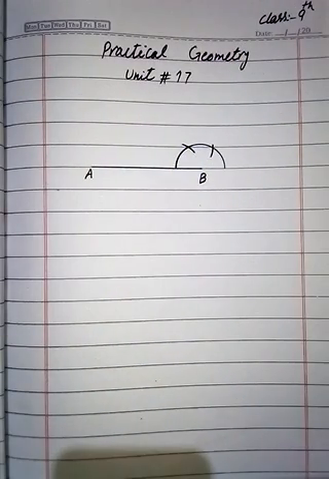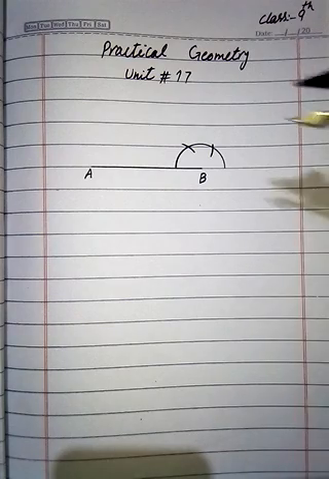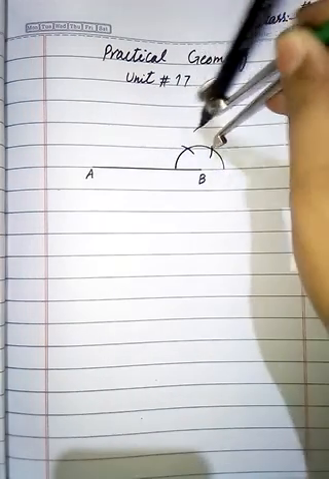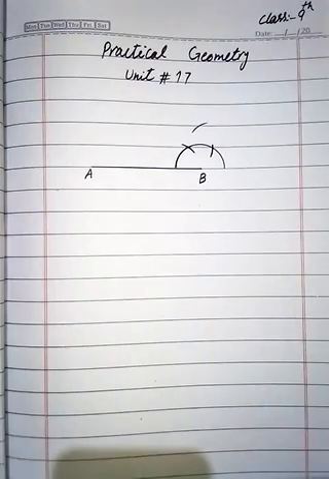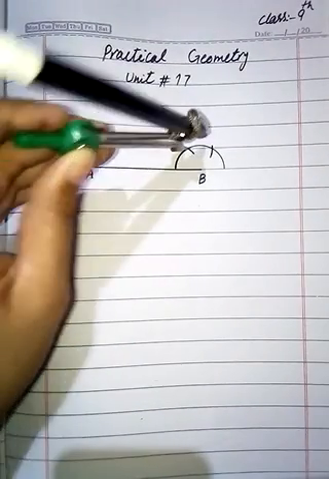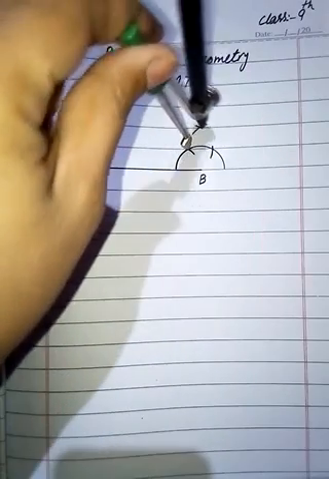Now you have to construct the angle of 90 degree. 90 comes between 60 and 120. So you have to put compass at 120 degree angle and draw the first arc. Now you have to put the same compass at the angle of 60 degree. Now you have to draw the second arc like this.